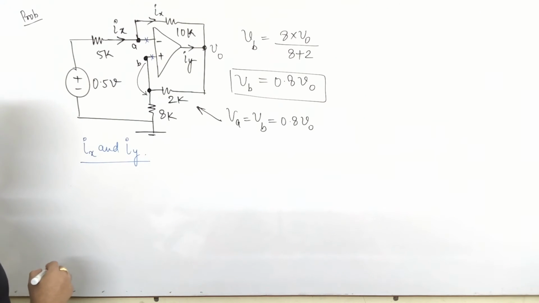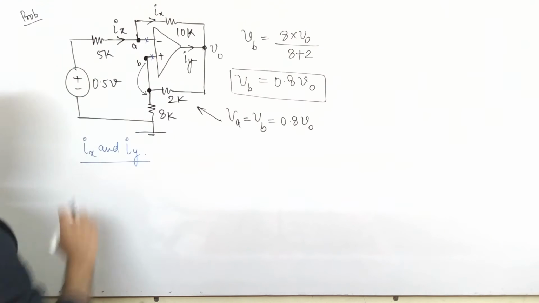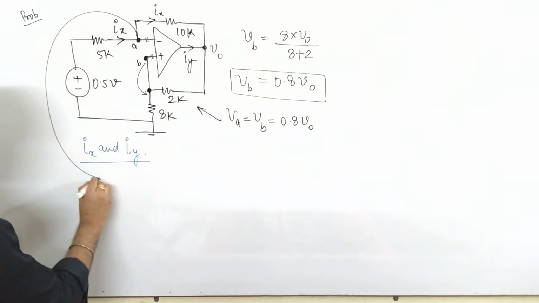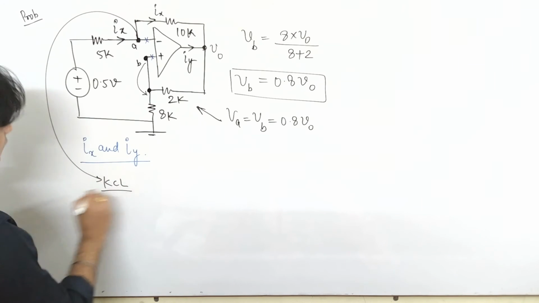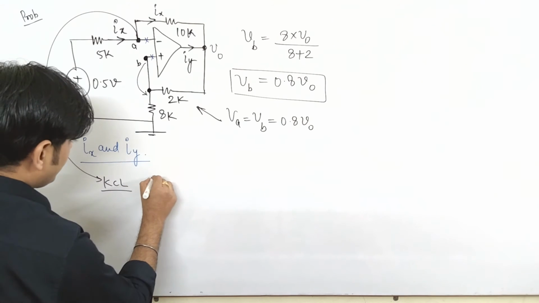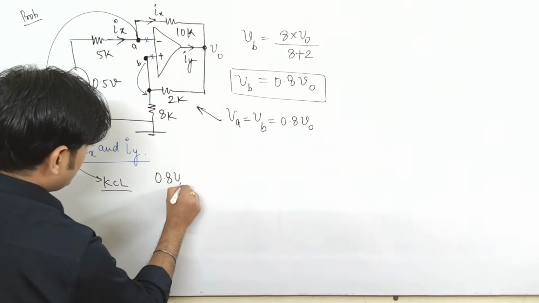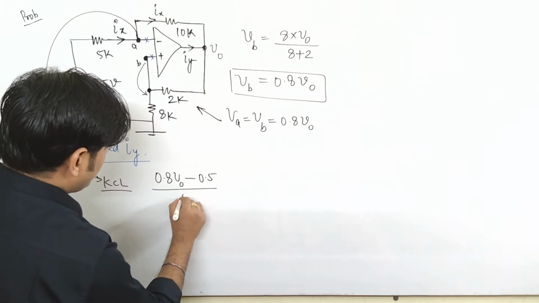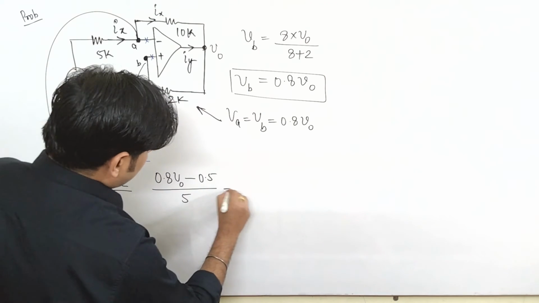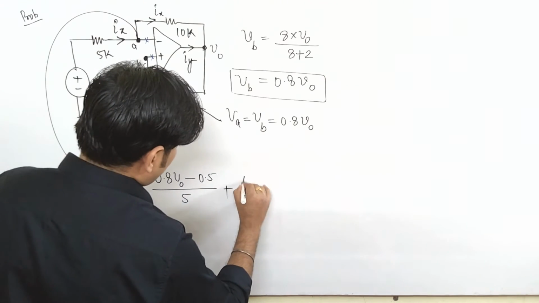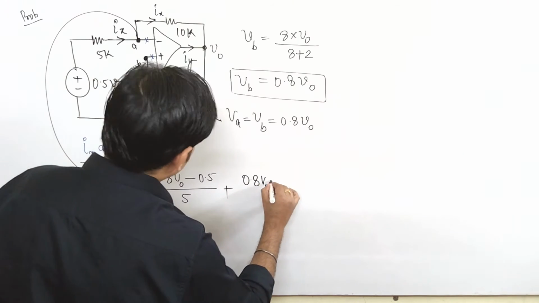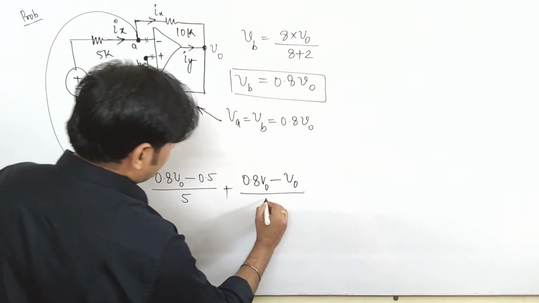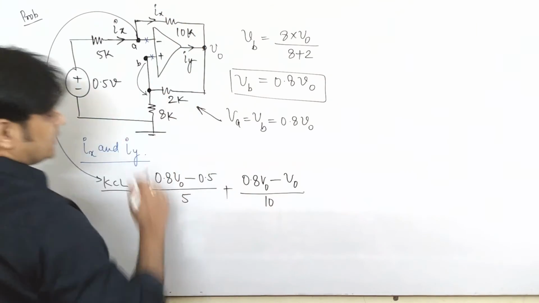First we will find the value of V0 by applying KCL at this node. That comes to be (0.8 V0 minus 0.5) divided by 5, plus (0.8 V0 minus V0) divided by 10. This resistance is 10 ohms.